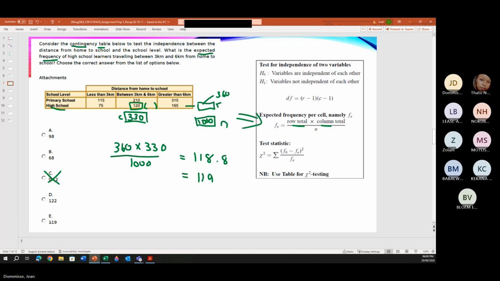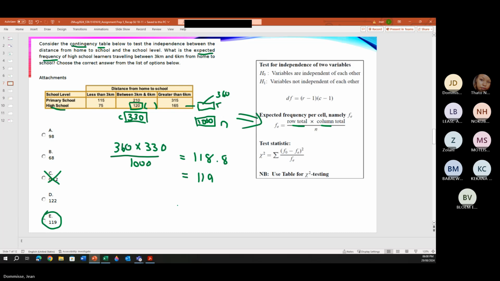So our final answer then is 119. They will not give you an option where one is 118 and one of the others is 119. Normally they go with a decimal number, but in this instance, they wanted the whole number.